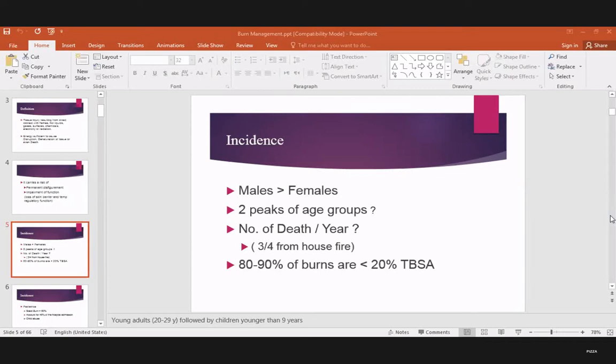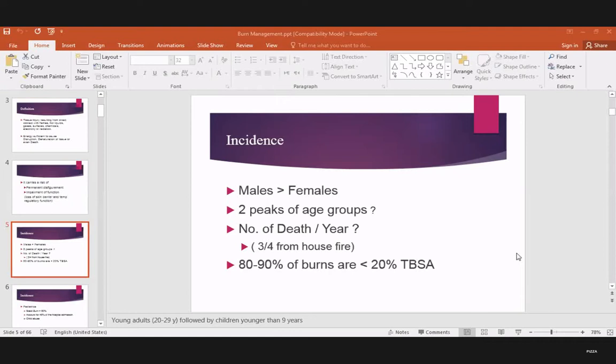Sometimes you can see kids found sitting in the sinks of the washrooms. They open the tap unknowingly, not knowing whether they are opening the hot side or the cold side, and they can damage themselves. So children are notorious. They can have scalds, and it is more common in the pediatric age group. Okay.